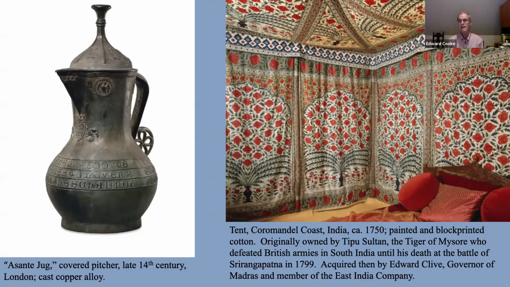People often had portable tents, even rulers like Tipu Sultan, who was a real thorn in the British military adventures in South India, and would defeat them in battle. When they finally were able to beat his army, they were excited to finally kill the Tiger of Mysore, and plundered his palace and took everything they could.